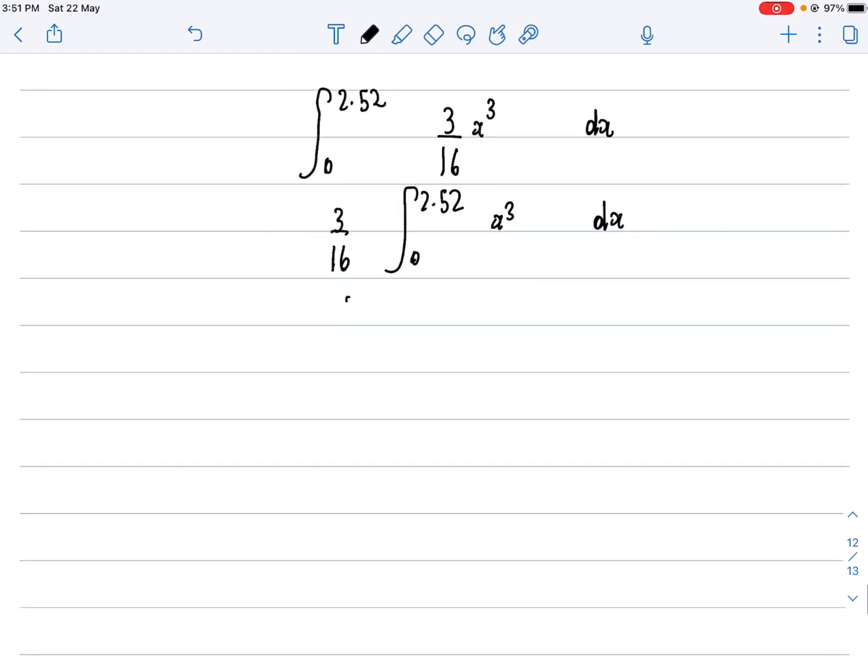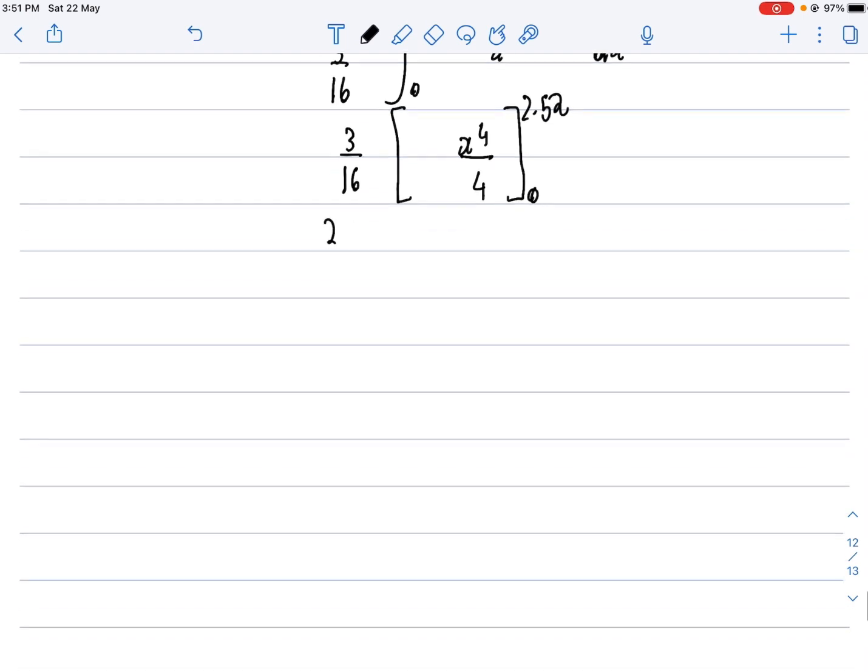Now I can write this as 3 over 16 with x raised to 4 over 4, with limits 0 and 2.52. So now I can write this as 3 over 16 with 2.52 the whole raised to 4 over 4, minus 0 raised to 4 over 4.